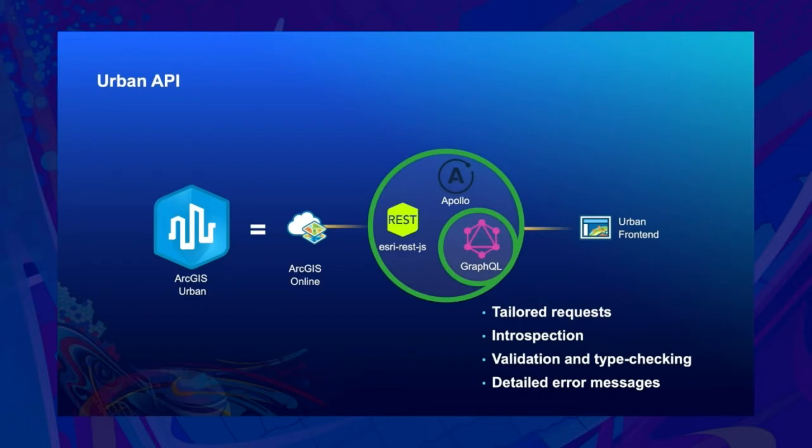And another thing we like about GraphQL is the introspection. So you can look into the API and discover the data model that way. Then, like I mentioned, quite important, the validation and type checking, so that the API can work as a gatekeeper to the data model. And then finally, very useful for the front-end development is to get detailed error messages of what went wrong in case something went wrong.